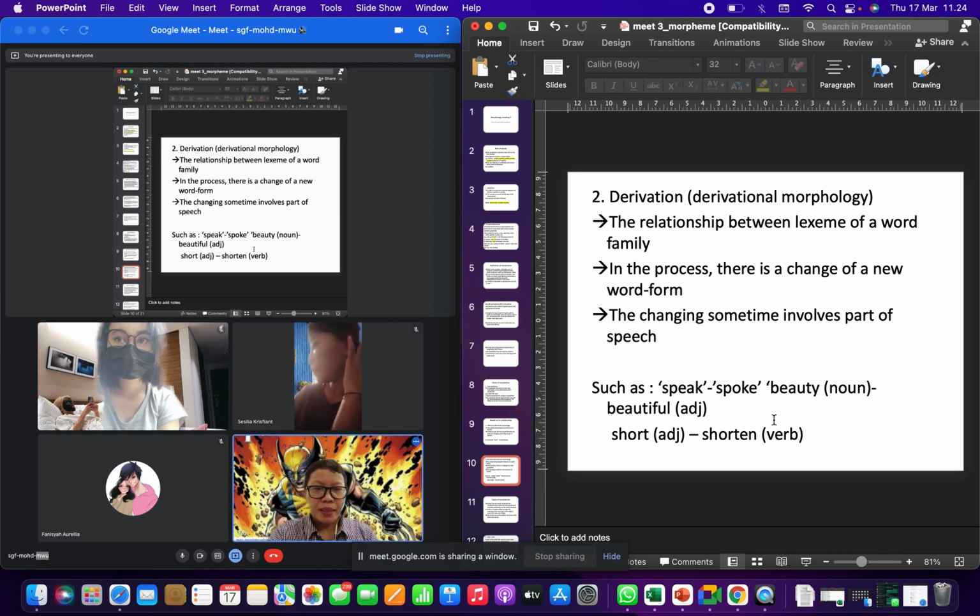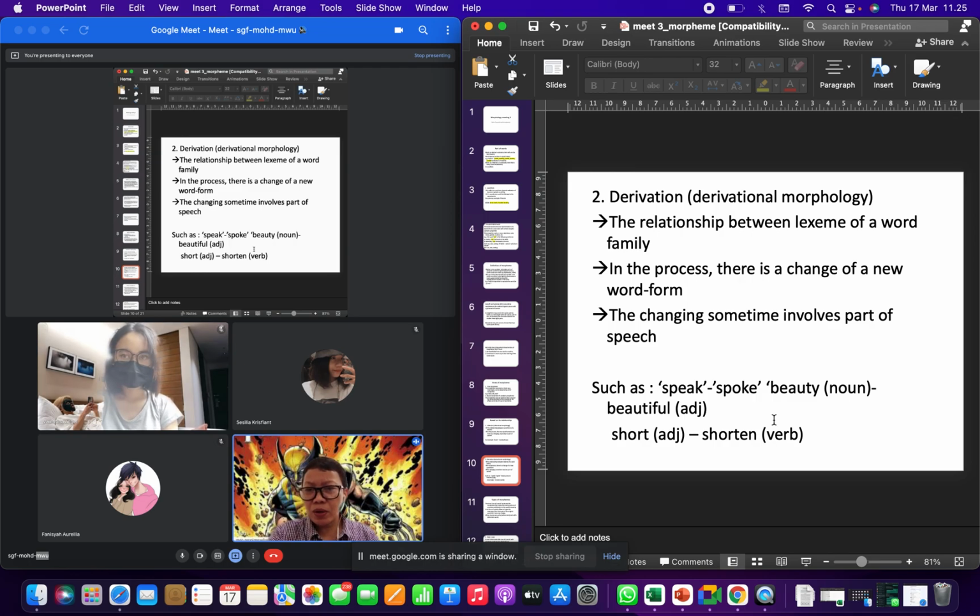Now let's see other examples. I have the morpheme speak as a verb, and then it becomes the morpheme spoke when it changes its tense. We use speak as present tense, while spoke is used in past tense. So it changed the tense.